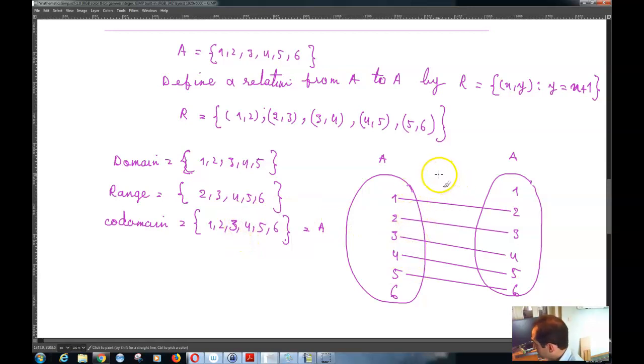Now you can see that this relation R that we have defined is not a function.